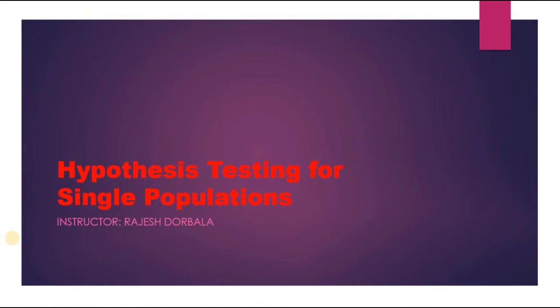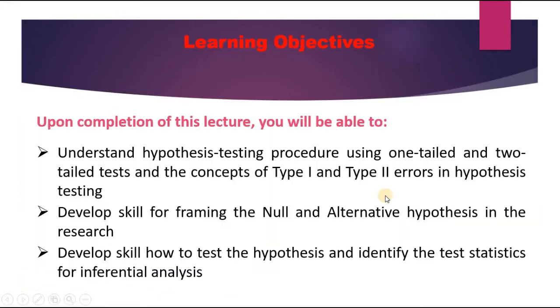So in this session, this is what we are going to cover: what is hypothesis testing for single populations? What are the learning outcomes? Upon completion of this lecture, you will be able to understand the hypothesis testing procedure using one-tailed and two-tailed tests, and the concepts of type 1 and type 2 errors. We'll learn the various steps involved and the errors that could be committed during hypothesis testing. Number two, we are going to learn how to frame null and alternate hypotheses in research.